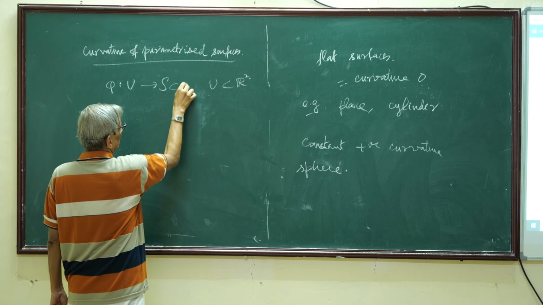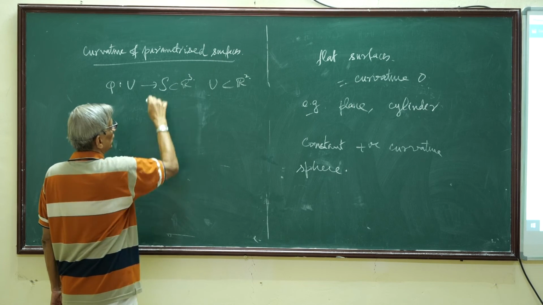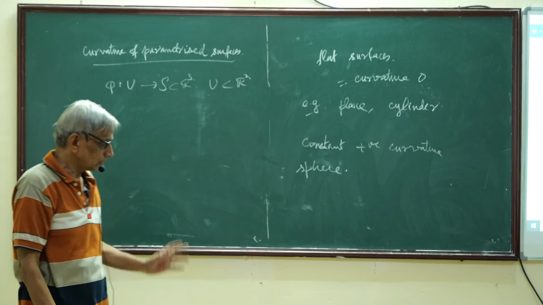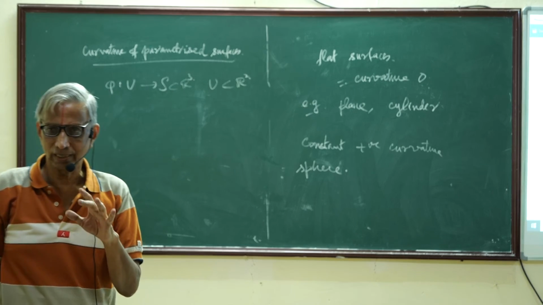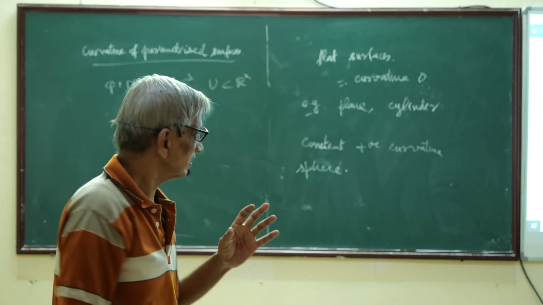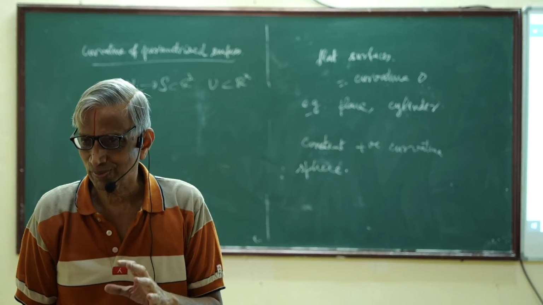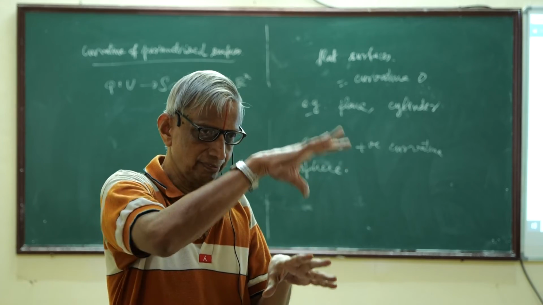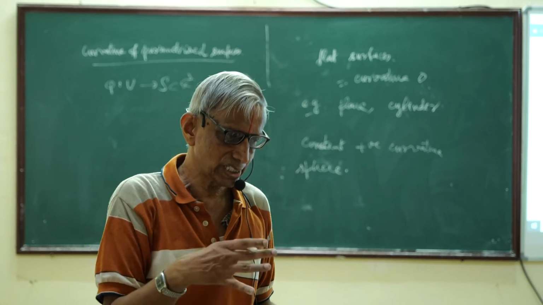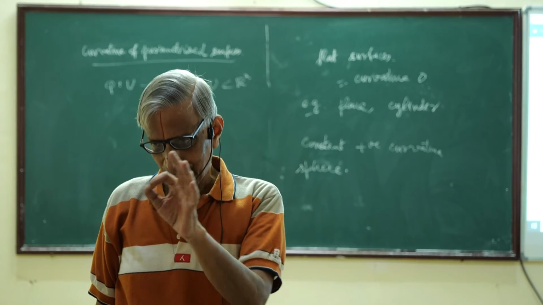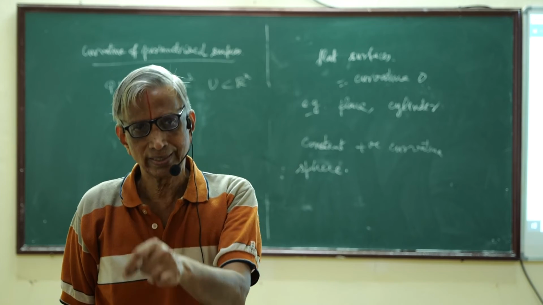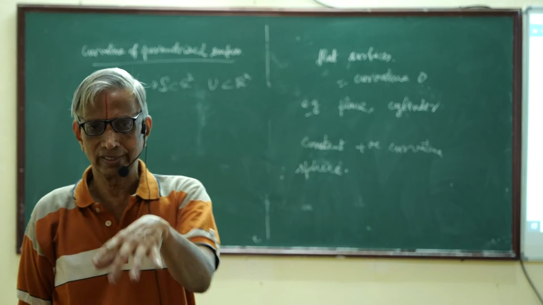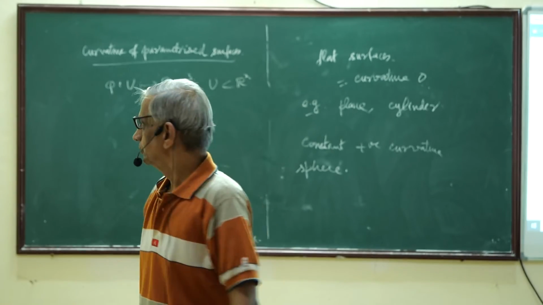So these are going to be surfaces in R3. Okay. So essentially, a parametrized patch is what we are going to look at, right? The surface itself can be covered using these patches. But if you are going to look at only one point, you want to look at the curvature at that point, it's enough if you look at one patch which contains that point. That's what we are going to do.